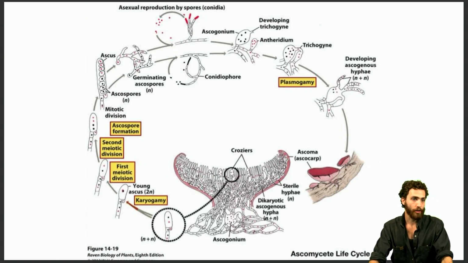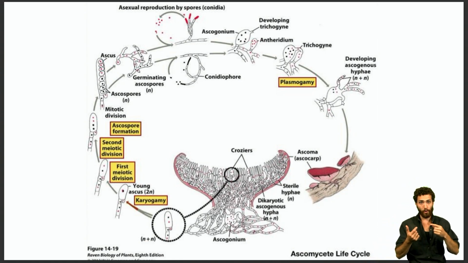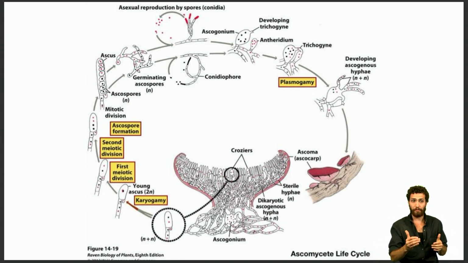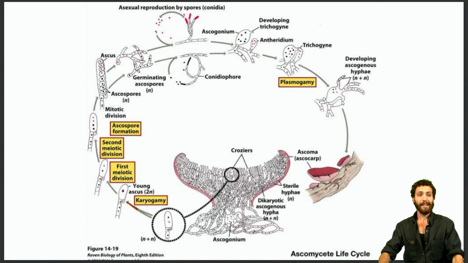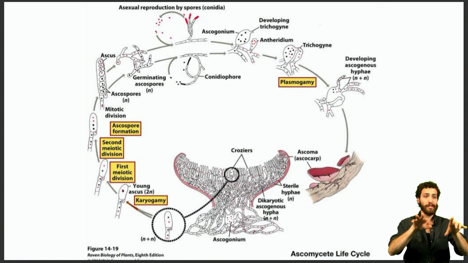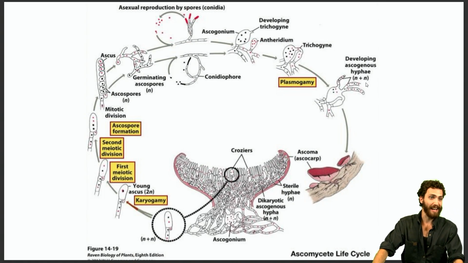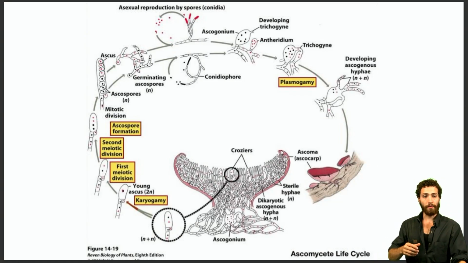Anastomosis and plasmogamy occur. As we talked about before, Ascomycetes like to go right from dikaryon. They like to immediately go through karyogamy. They don't like waiting around vegetatively in this dikaryotic stage, in this n plus n stage. They would rather quickly form an ascoma or an ascocarp, and they would rather quickly go through karyogamy, meiosis, right?